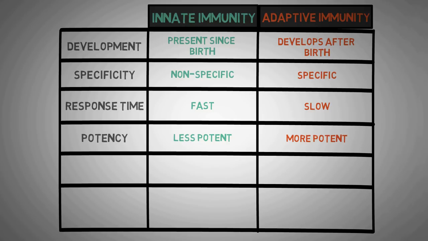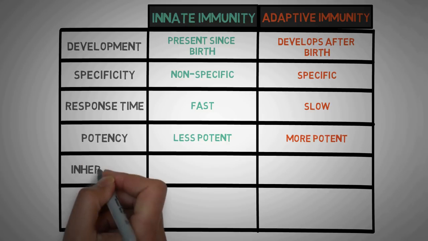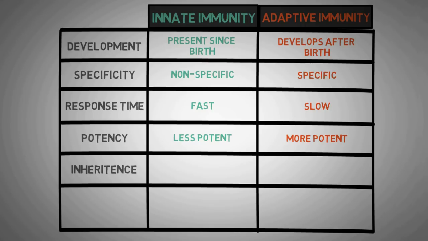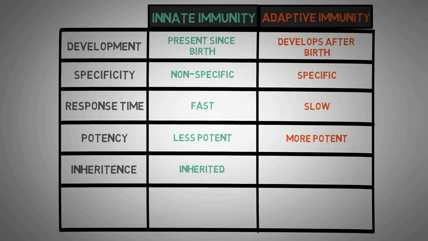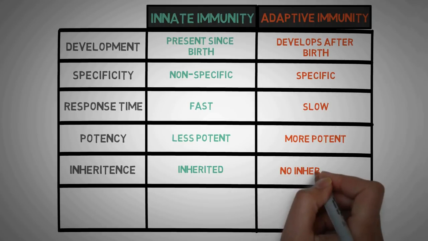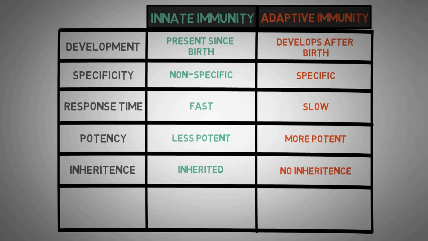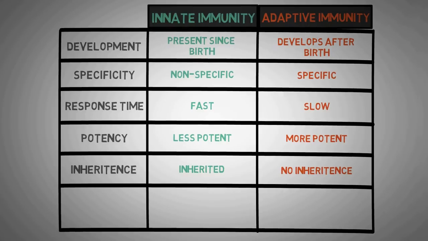One important difference between the innate and the adaptive immune system is that the innate type of immunity is generally inherited from parents and passed off to the offspring, while the adaptive immunity is not passed from the parents to the offspring, hence it cannot be inherited.